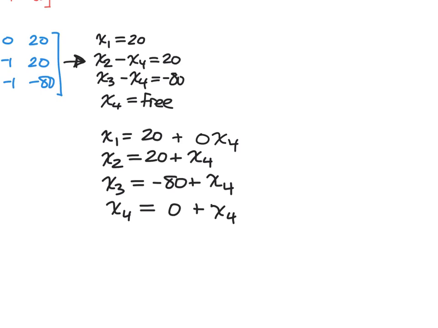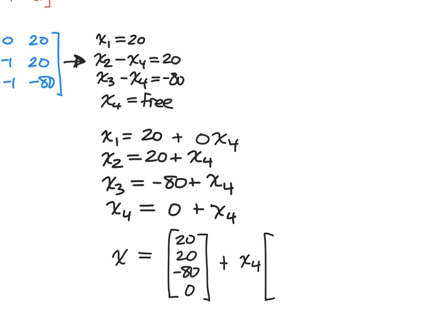So x is going to be equal to 20, 20, negative 80, and 0, plus x4 times 0, 1, 1, 1.